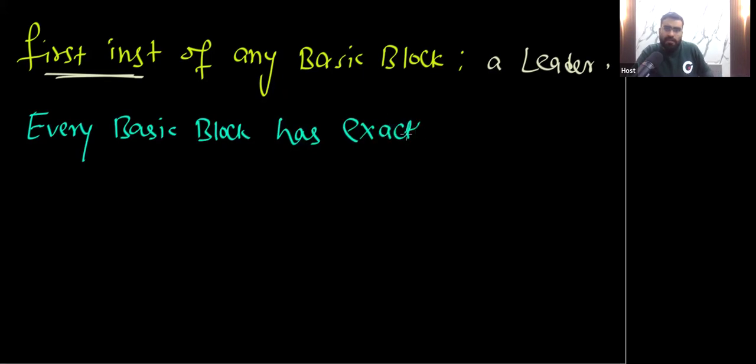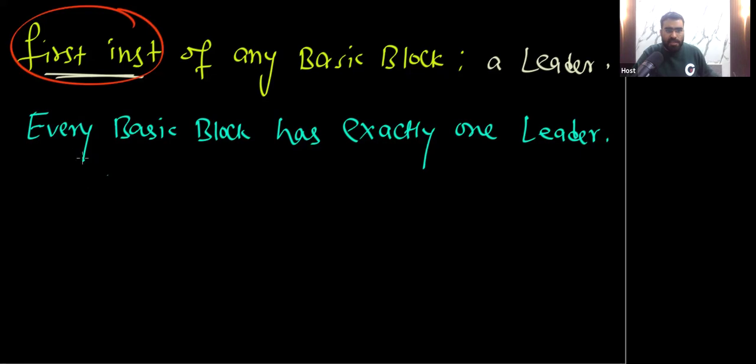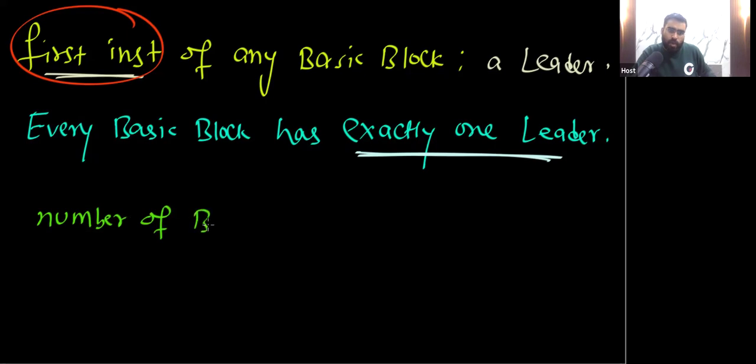You cannot have two leaders, because the first instruction of any basic block is the leader. So every basic block has exactly one leader. That is the reason I can say the number of basic blocks is equal to the number of leaders.